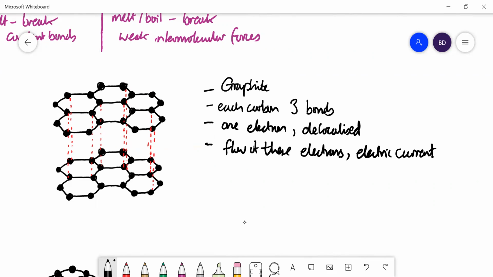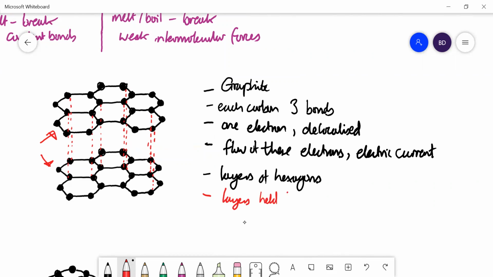All right, now you can also see that graphite exists in these layers of hexagons, okay? And although the atoms within the hexagons are covalently bonded, between layers, so that layer and that layer are not covalently bonded to each other, but they are held together by weak intermolecular forces, not covalent bonds.